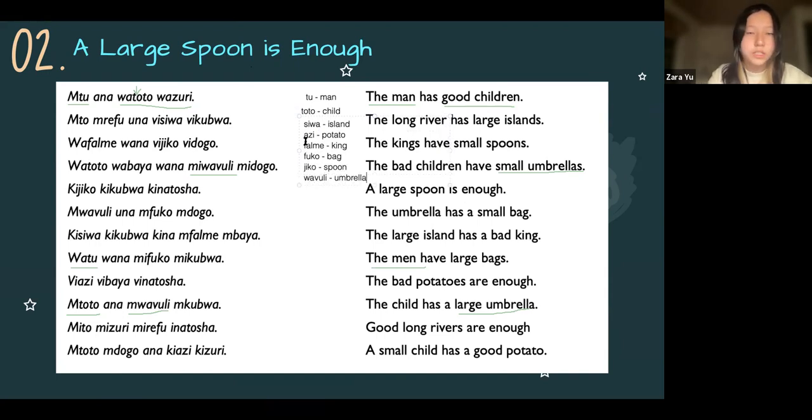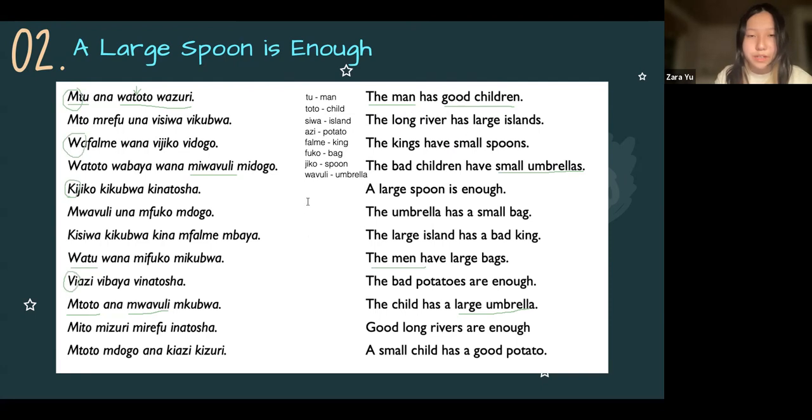So you can deduce this just by going down the list and comparing the singular and the plural. So that's how you do this. And basically the bases that we find are M, WA, KI, and I think that's it, and then VI. So those are the ones that we have.